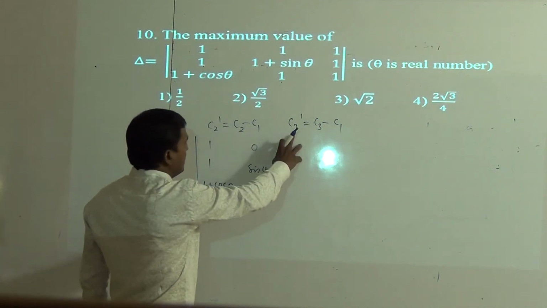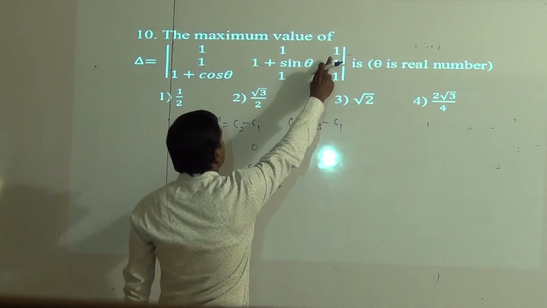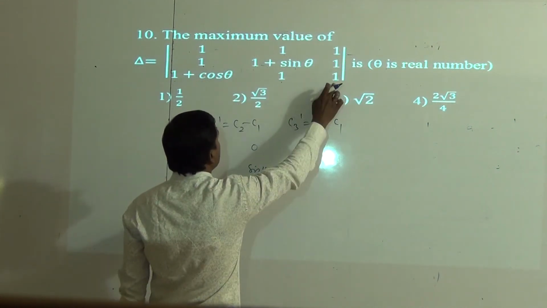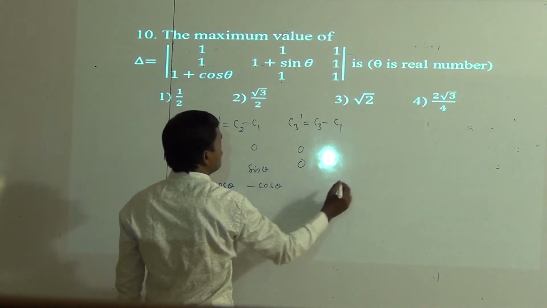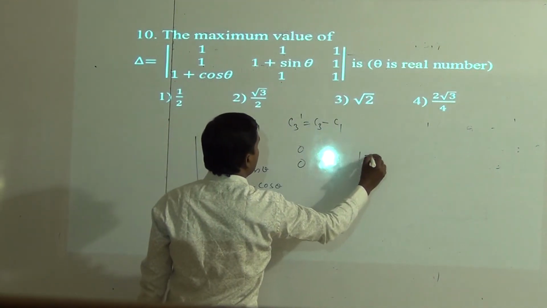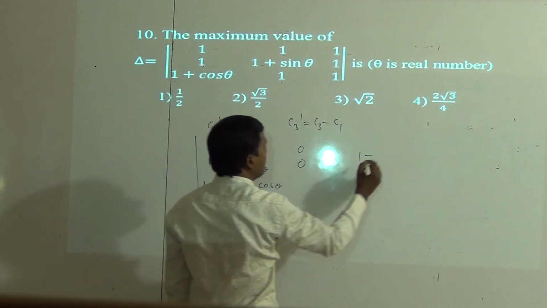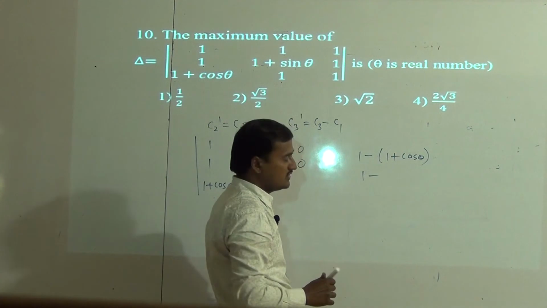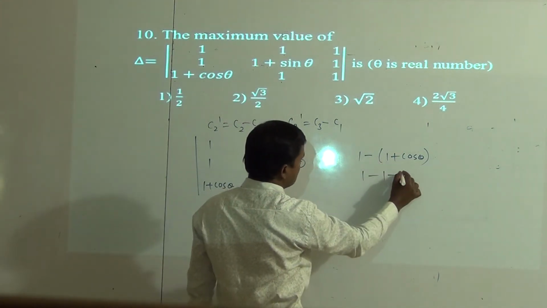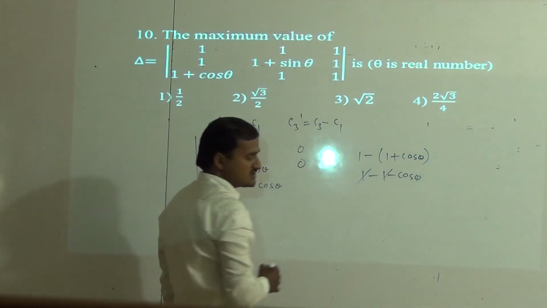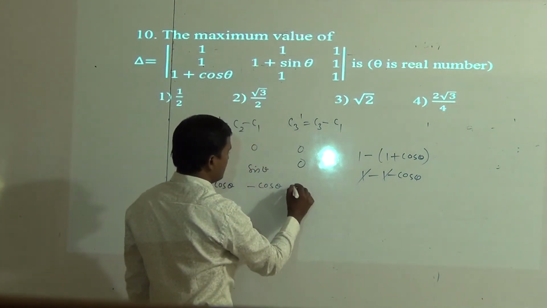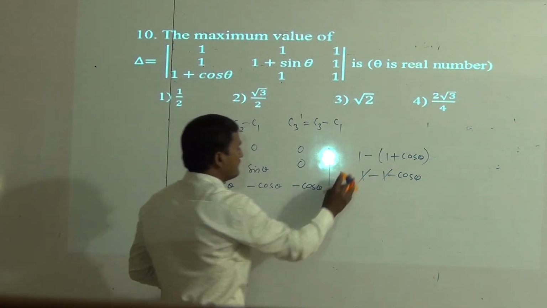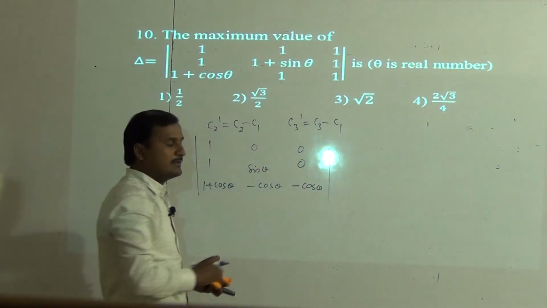Next, apply the operation C3 minus C1: 1 minus 1 is 0, 1 minus 1 is 0, and here it is 1 minus C1. Taking minus inside the bracket, minus 1 minus cos theta, minus and minus get cancelled, so the answer is minus cos theta. Is it right? After applying the column operation, I got it like this.